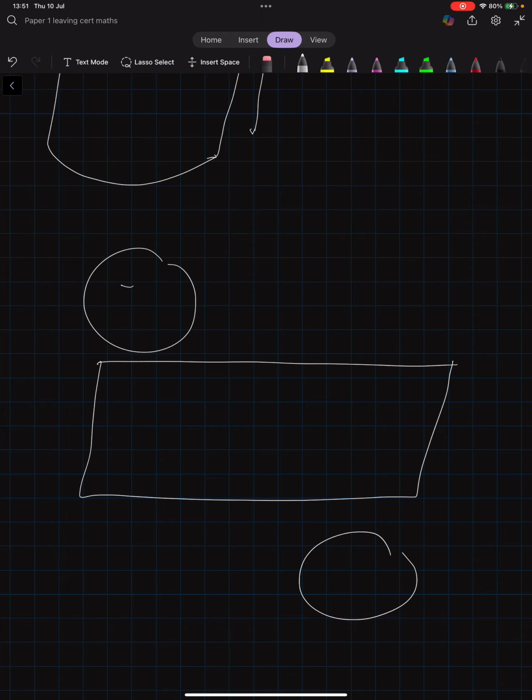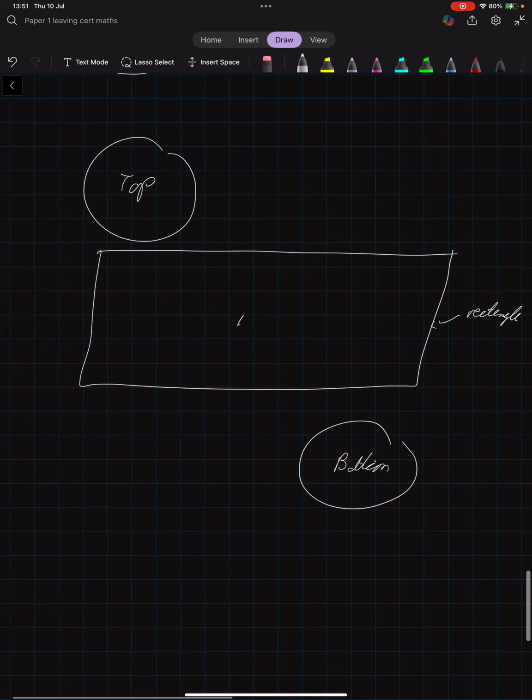So this would be the top, that's the bottom, and then this is your rectangle, or your curved surface area. Okay, so your curved surface area is equal to 2 pi r times h, because this length here is 2 pi r. And again, this is just the height h.